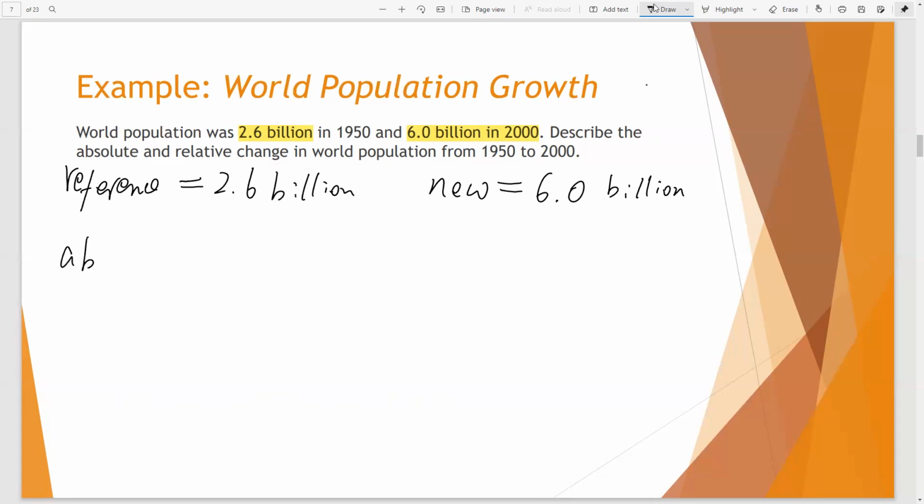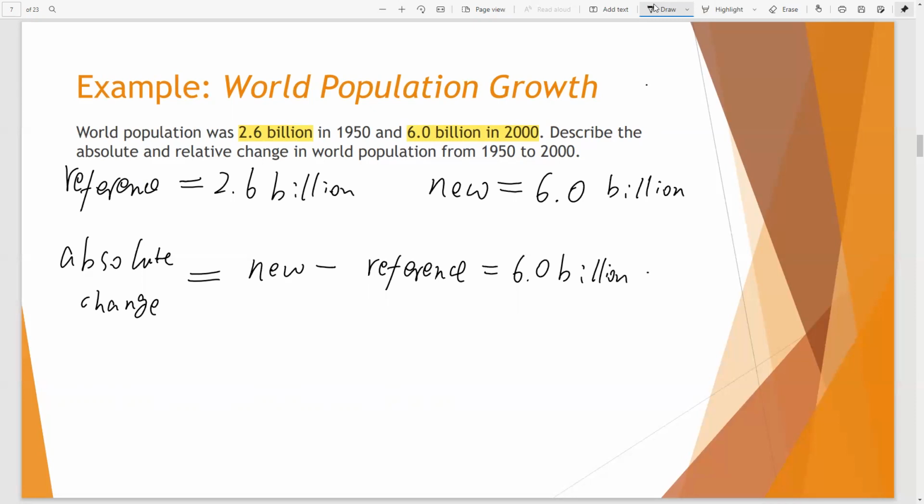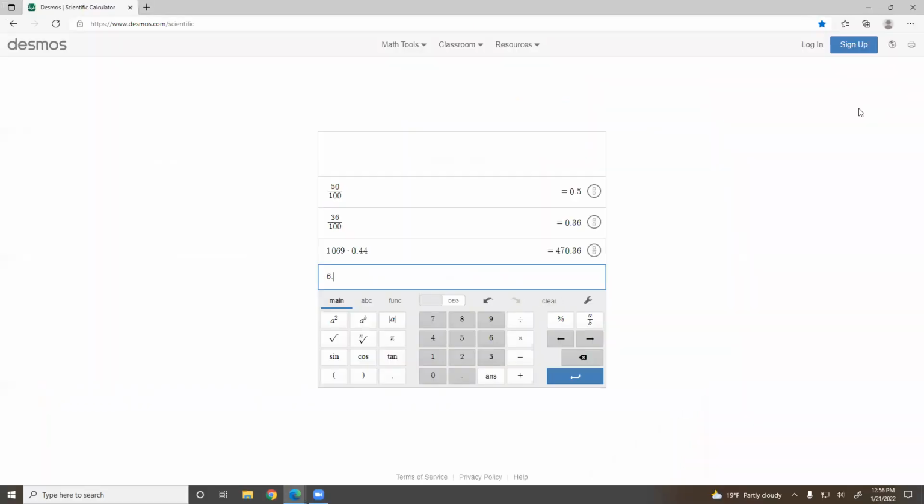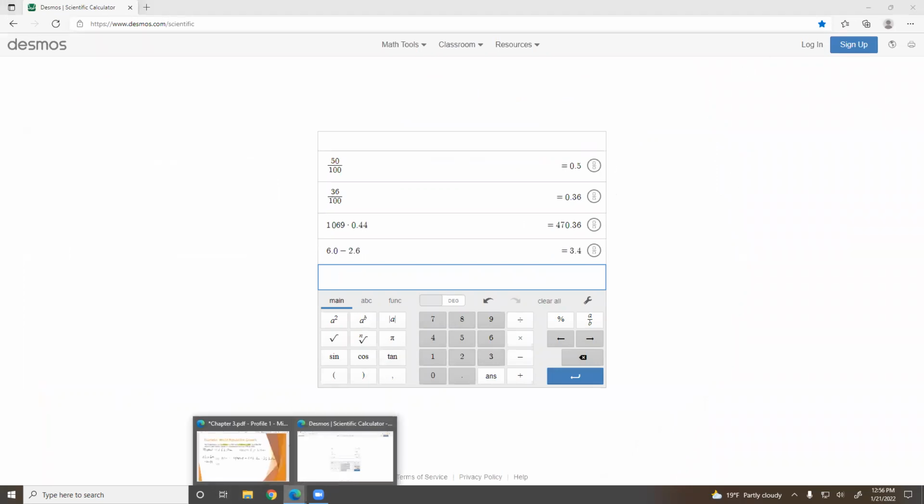So the absolute change is taking the new value minus the reference: 6 billion minus 2.6 billion. You can use a calculator to find it: 6 minus 2.6 is 3.4.